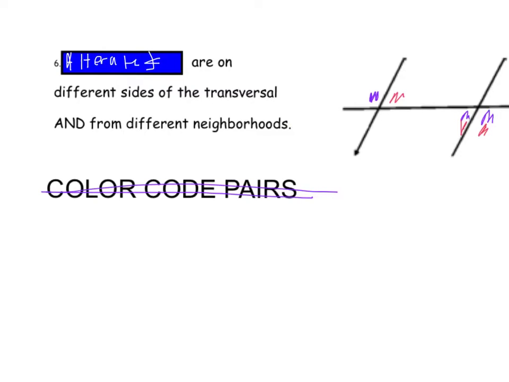This purple it's above, and on the other side of the transversal in a different neighborhood are these two. Same with the red. Above, so it has to be below over here in the other neighborhood. So that's what I mean by alternate. But don't worry about color coding right now because I'm going to have you do something in a moment once we learn one more vocabulary word.